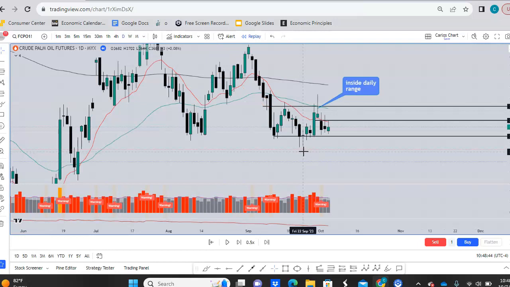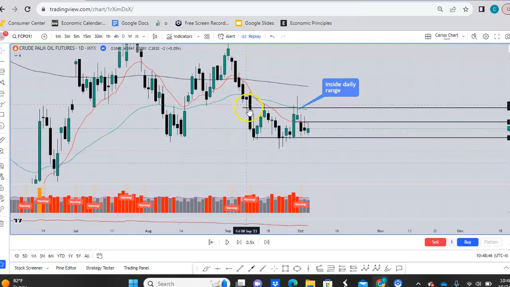So we do have this seller here that, like we talked about, gets his two leg pullback to continue, fails to continue, does another set, and right where you have your trade at is inside this daily range.